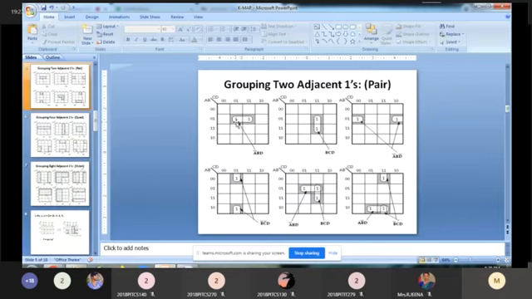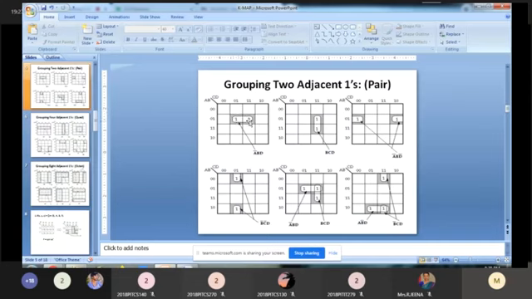You group 2 ones as one group, or 4 ones as one group, or 8 ones as one group. This group of 2 ones is called a pair. If you group 2 adjacent ones, this is a pair.